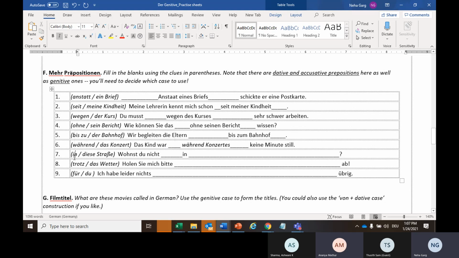I think there isn't any movement happening as such, so this will be dative. Sehr schön. Also in dieser Straße, wie Sie gesagt. Bedeutet, do you not live in this street?